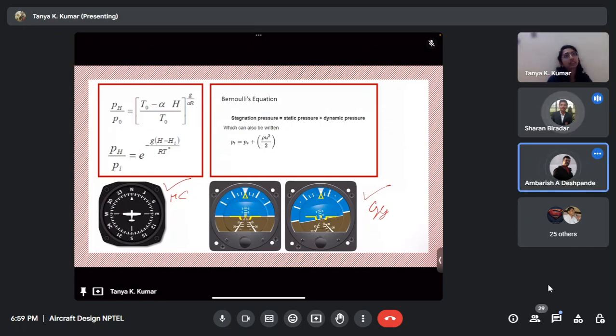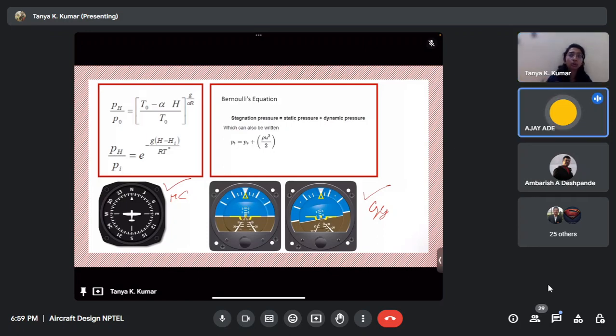Elevator is okay. Elevator is a control surface that changes your pitching angle, right? So the horizontal stabilizer, horizontal tail, right? So the inherent quality that tries to bring it back to equilibrium is the tail.